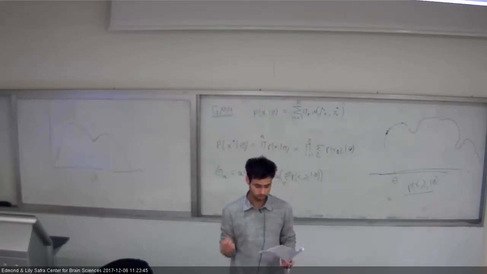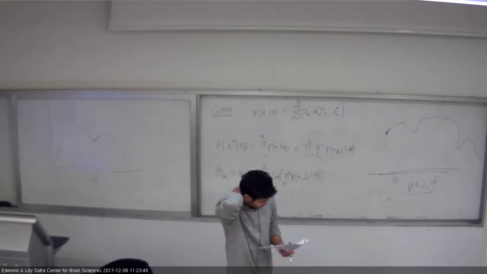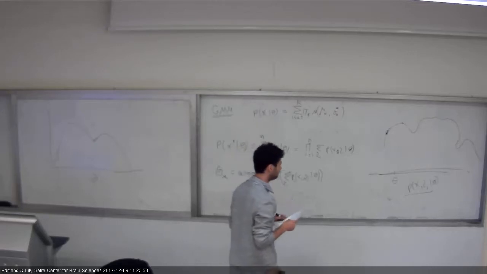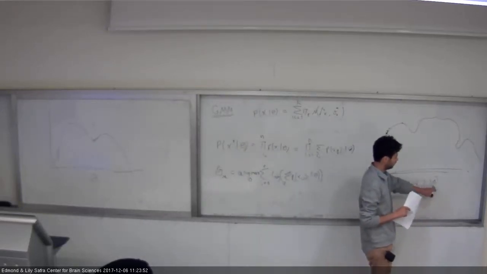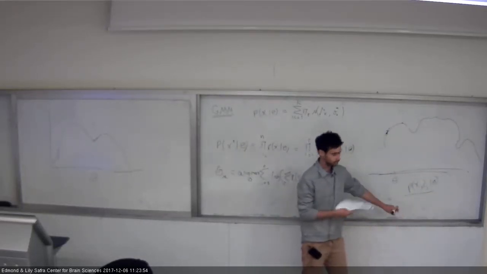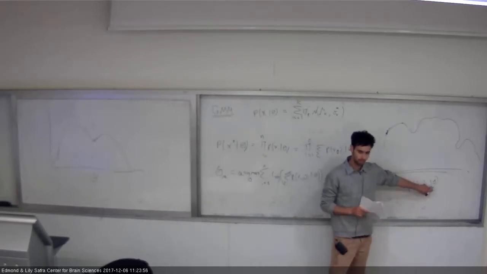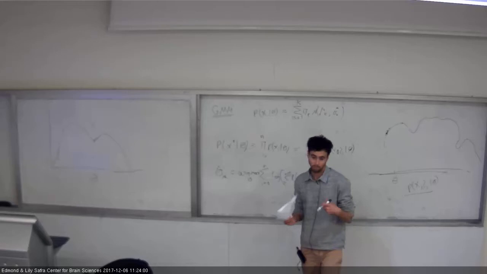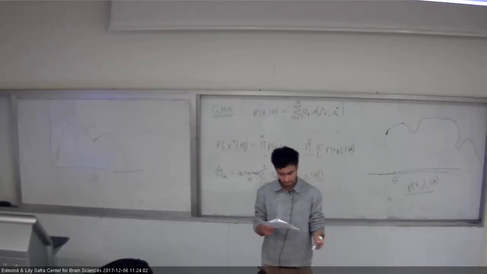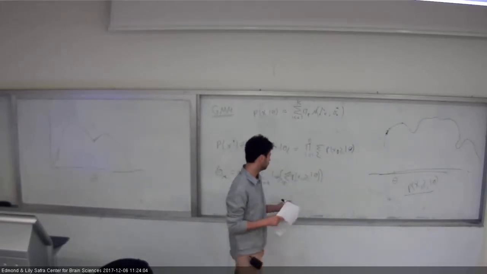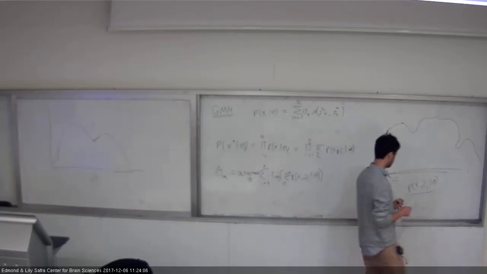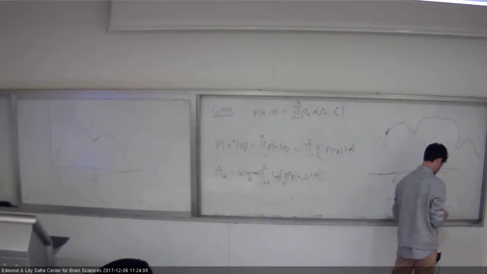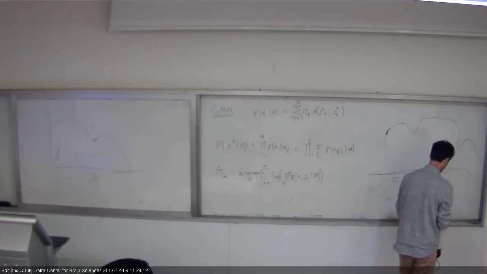The other assumption is that if I have theta, right, before I want to estimate theta, my assumption is that I know how to evaluate the posterior P of z given x and theta.